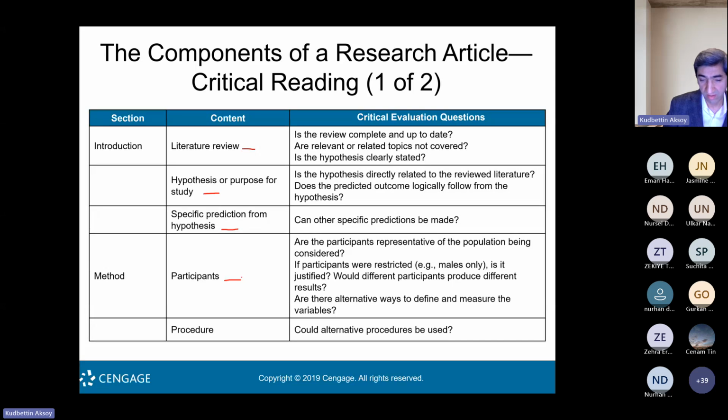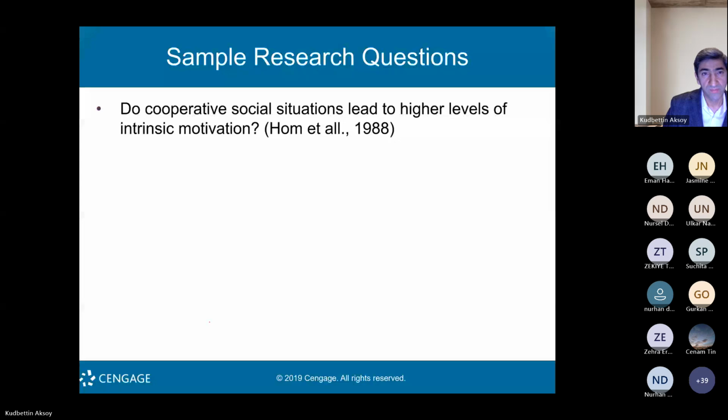Is it just a convenient sample? This person works for that school and is using those students for the study, or is it a more systematic way? We have options, and then you randomly choose, and so on and so forth. What kind of procedures are being used? Then you collect your data, you analyze your data, and then you draw conclusions.